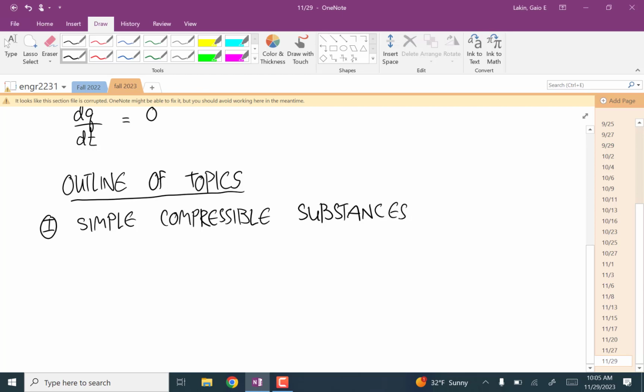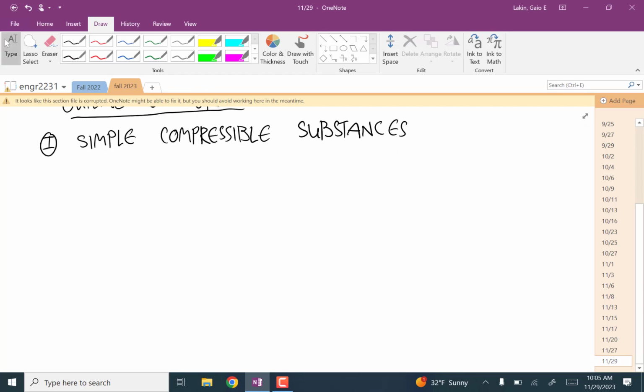This is everything that we're talking about. And all of them, you can use a PVT surface to figure out how those properties change in relation to each other.